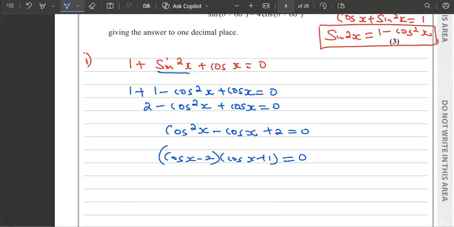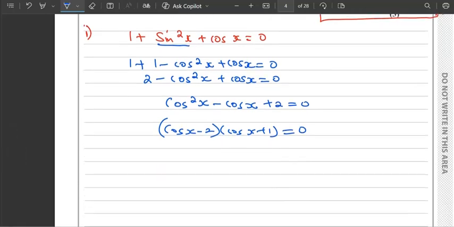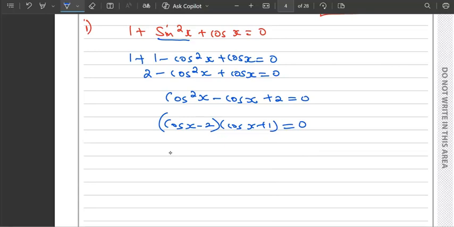So either cos x minus 2 equals 0, or cos x plus 1 equals 0. If we solve the first one, it implies that cos x equals positive 2.